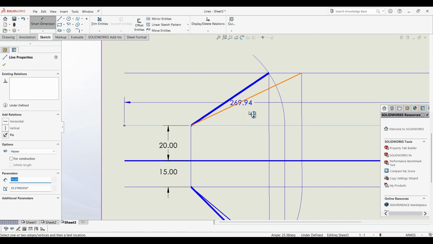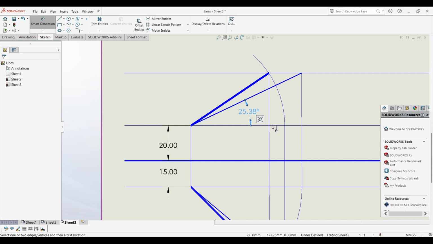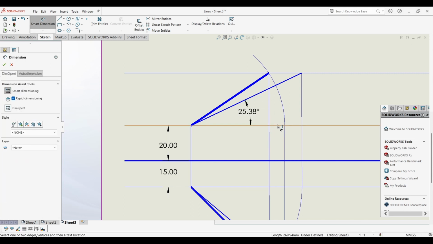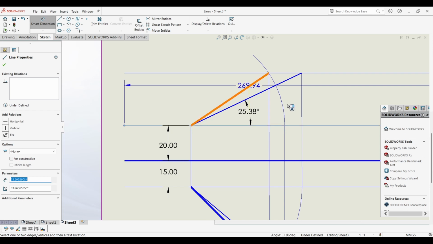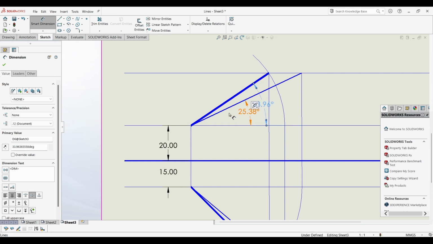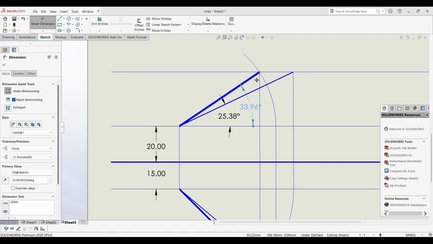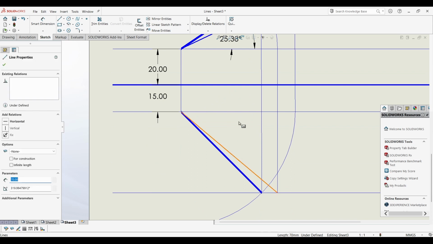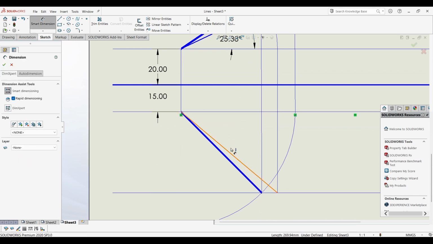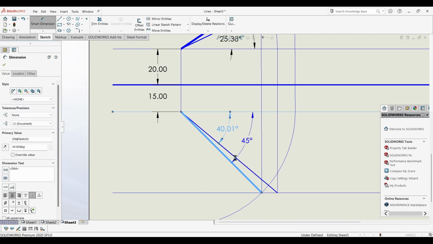This is this angle, so this much. Now we'll do the same thing down below, this one and this line. Let us put the angles. Angle done.